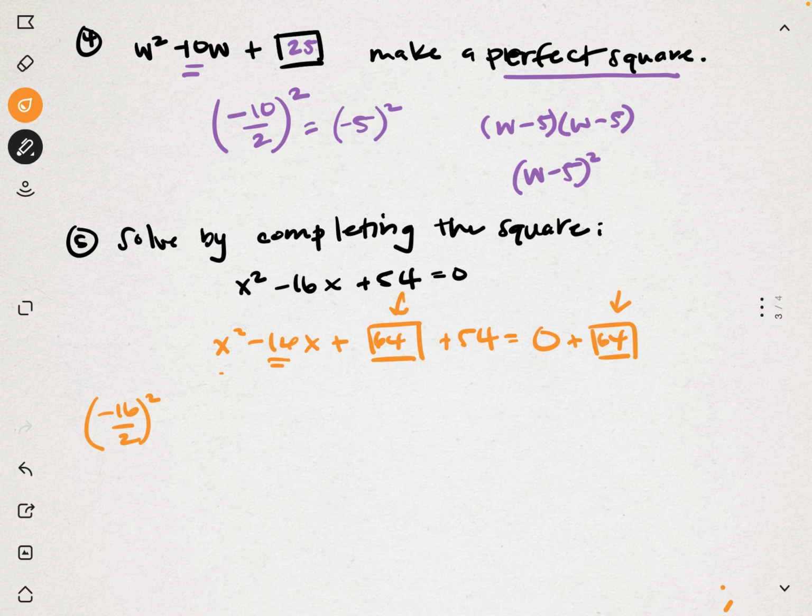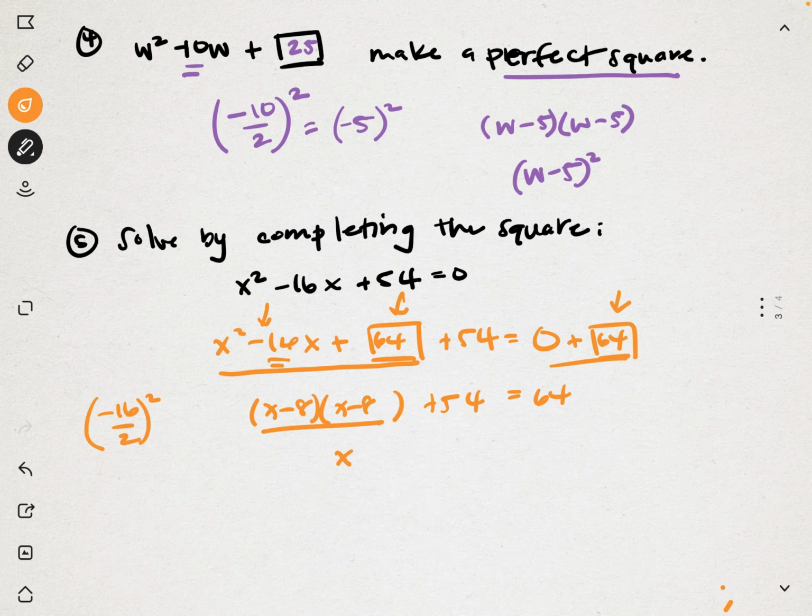So now the whole reason we did this completing the square part is because when we factor this, it's going to be x minus, right? We take the sign here, minus 8 times x minus 8. Then we have this plus 54 equals 0 plus 64 on the right hand side is 64. Now this thing is going to be x minus 8 squared.